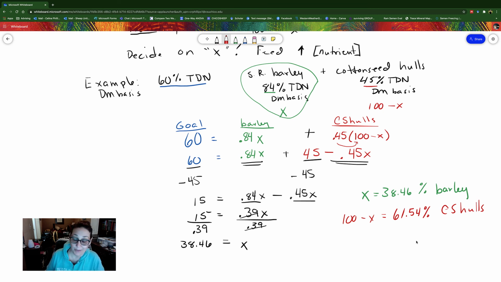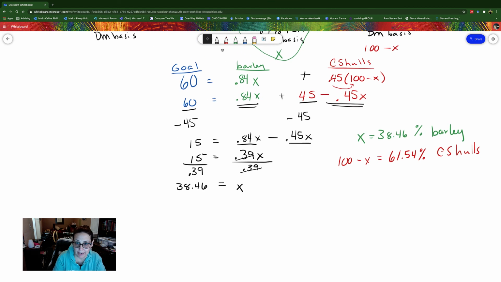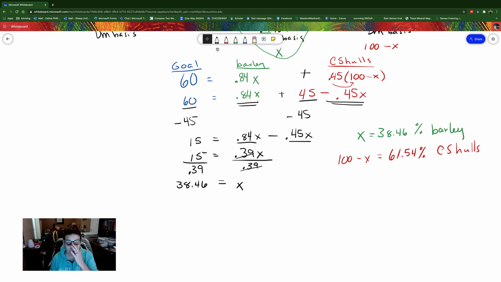It really wasn't that hard to establish how much of each feed we need in the mix. Now, the last important step that we always should do, and I have to admit I get lazy too, and it would save me a ton of trouble if I actually did it, is to do a check. I'm going to do that in blue, the check.